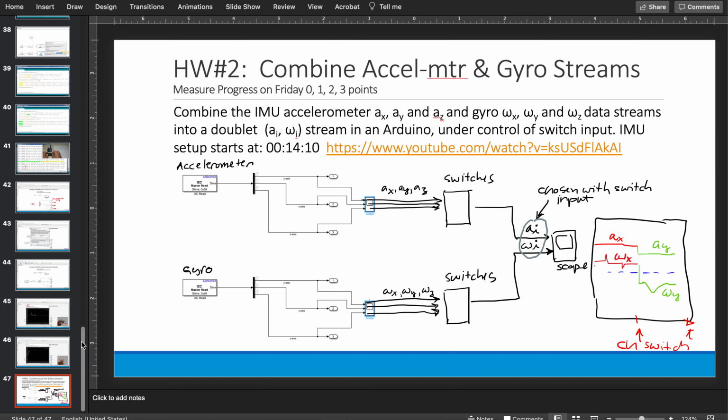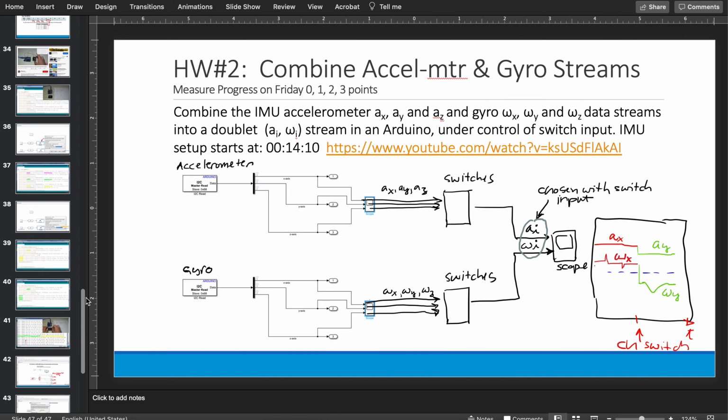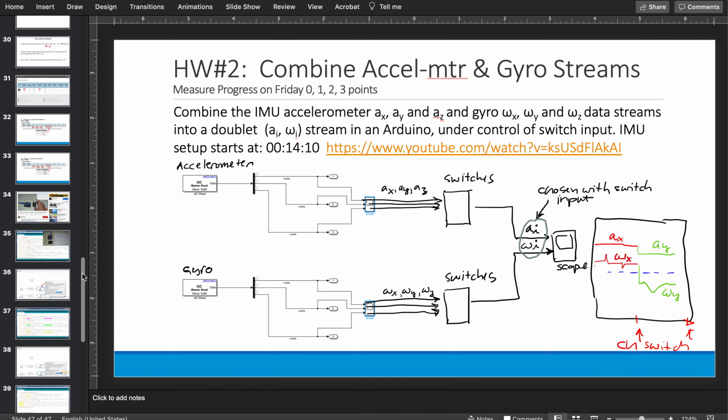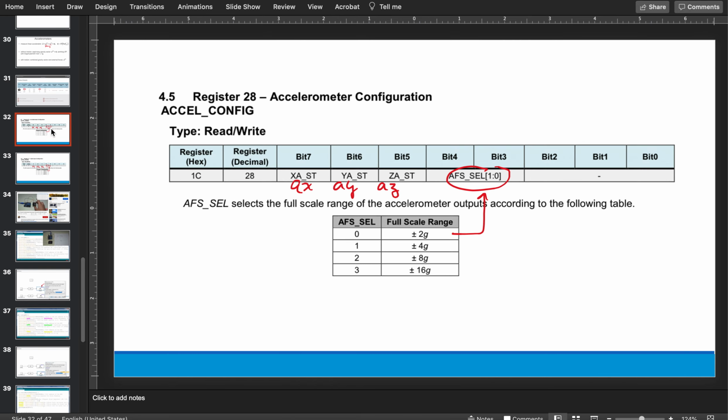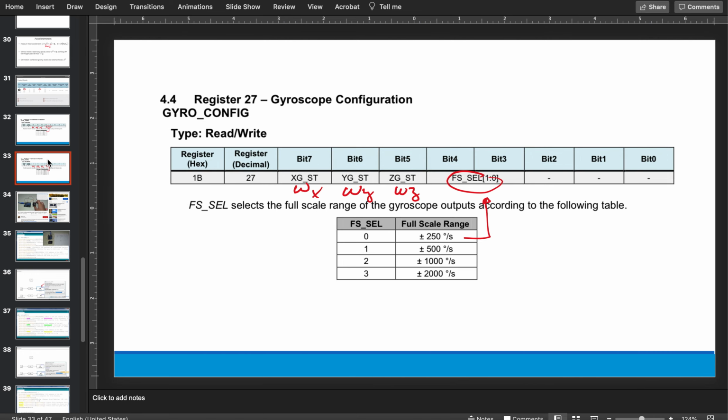So just to review from what we discussed last time, we are going to build a system that is going to incorporate some registers. So you'll see where I'll be talking about register 1C and register 1B. This is the configuration for the accelerometer and for the gyro.